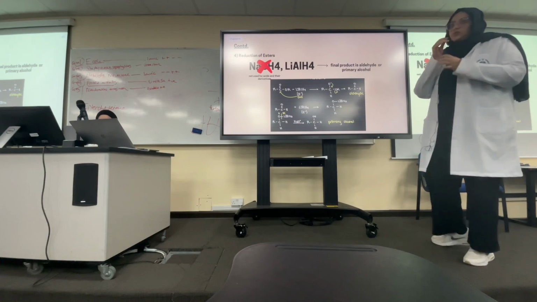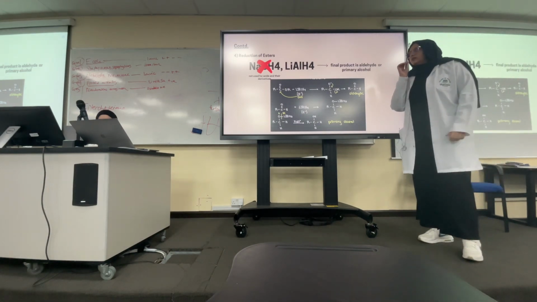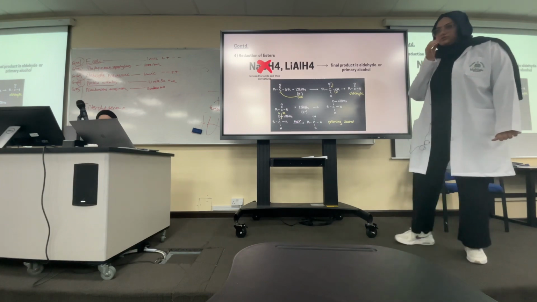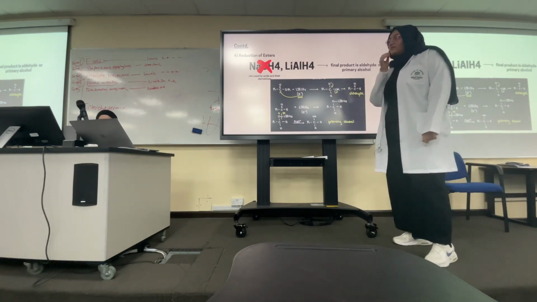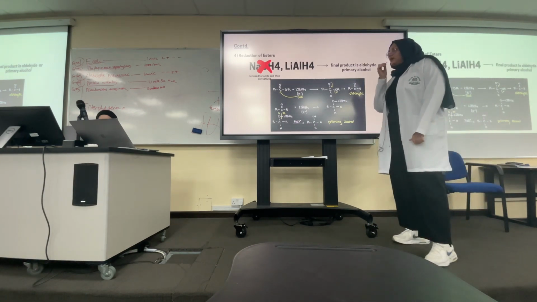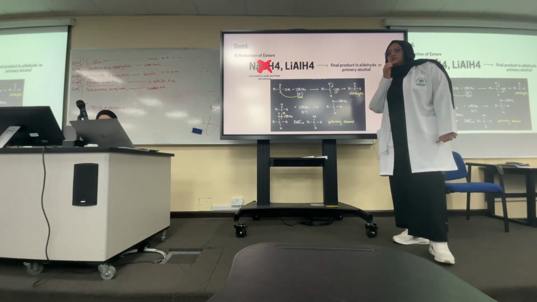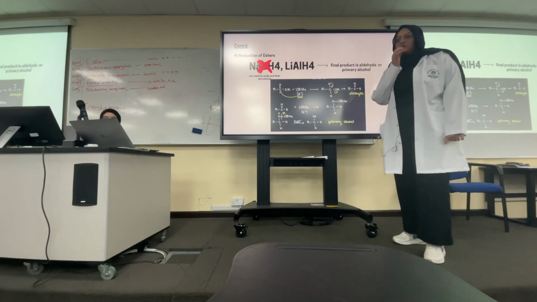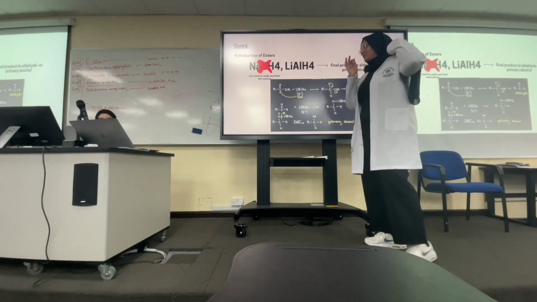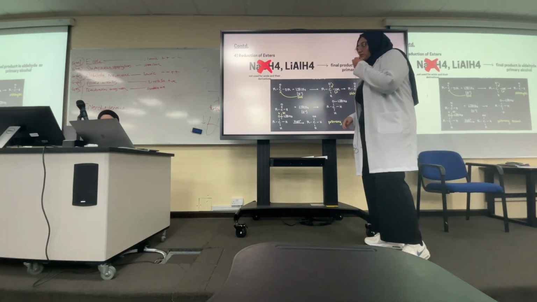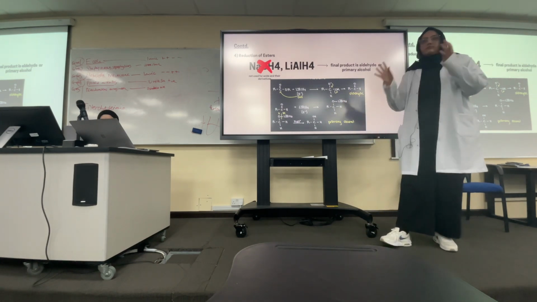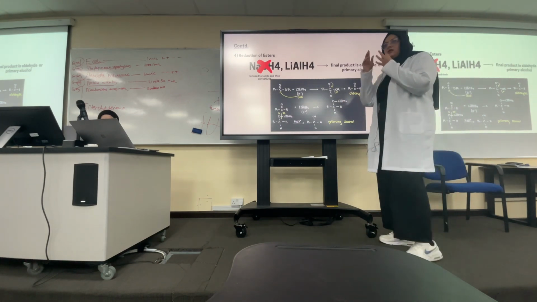When we reduce, we usually have two things that can reduce, either NaBH4 or LiAlH4. In the case of esters, I can only reduce it with LiAlH4. I cannot do it with NaBH4. Before you ask me why, I don't know, but that's what the doctor mentioned, that's what we need to know. NaBH4 cannot be used for the acid and their derivatives, all of them, so carboxylic acid and all of them.